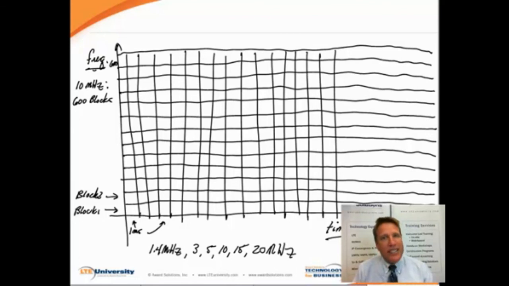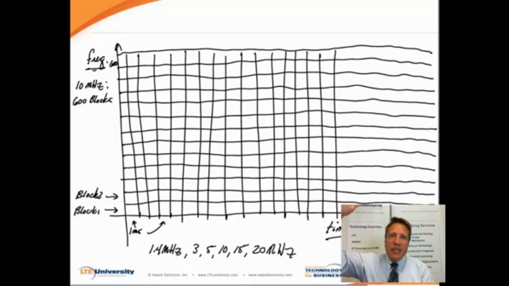So if you think about this, I've got 600 blocks from a frequency perspective that I can use, and in a second, given that I've got these broken into little 1 millisecond segments, that means I've got 1,000 of those segments every second.